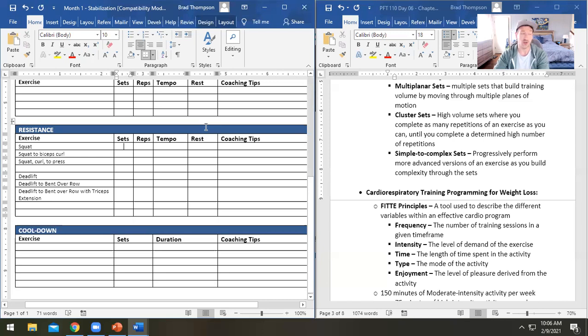Unless you're going for ultra high reps and you're blending the concept of simple to complex with cluster. But traditionally, this is a straight set situation. So we'll say 3 sets of everything here, just for the sake of argument. We'll do 15 reps on everything. I'll say medium tempo for everything. And we'll say 60 seconds of rest each time.